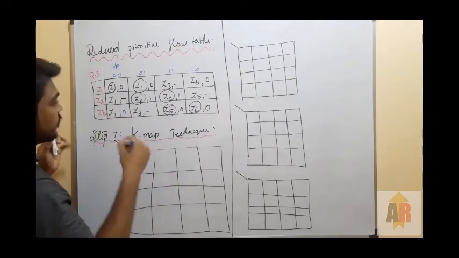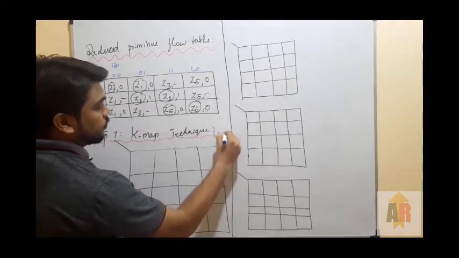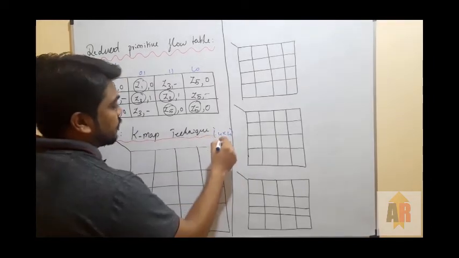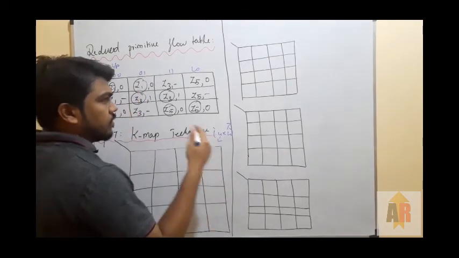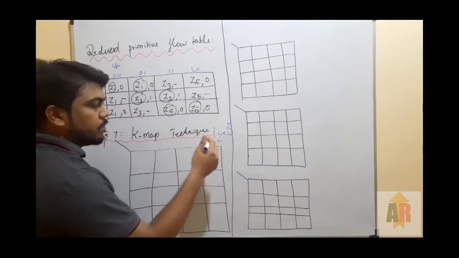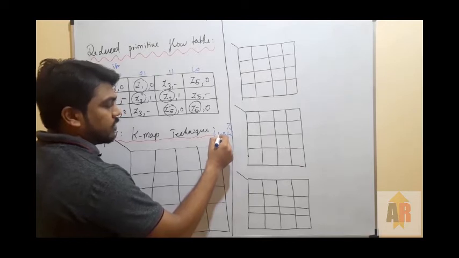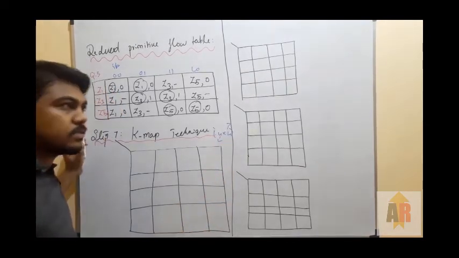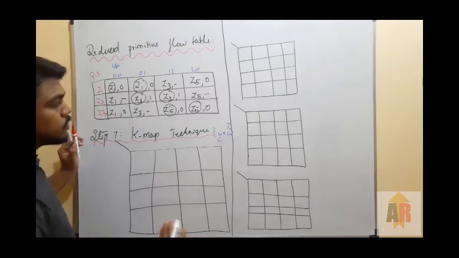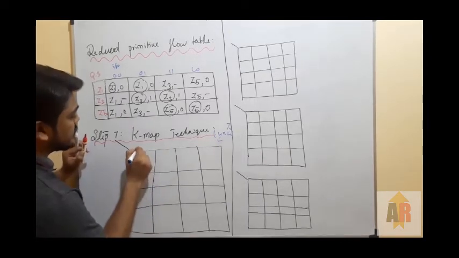I am going to make a K-map of 4 cross 4. Why I chose 4 cross 4 is we have 3 states and the maximum possibility is 4. So one side is 4. Plus the other input variables, x2 and x1, there are 4 different input combinations, so 4. That's why I chose that one.